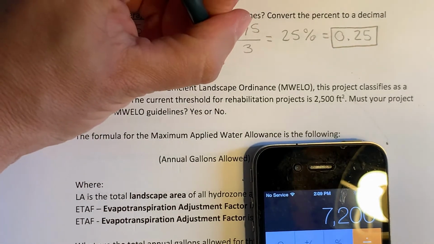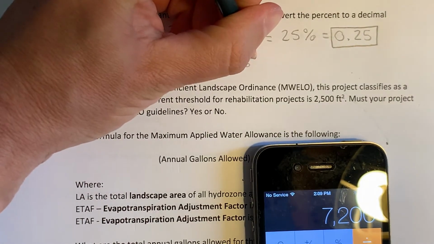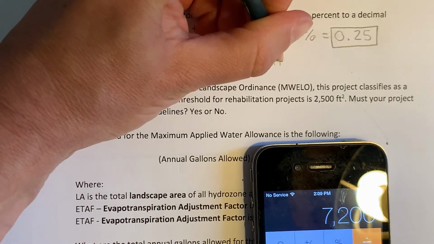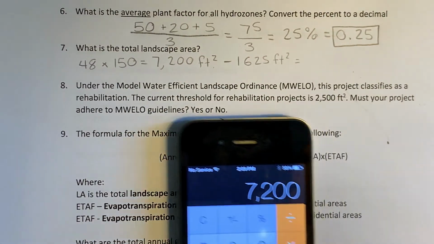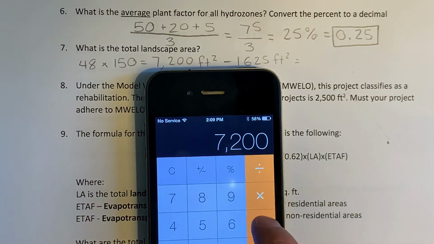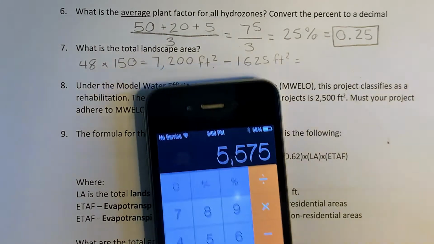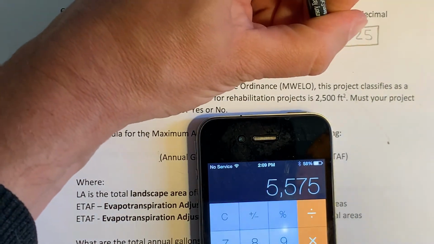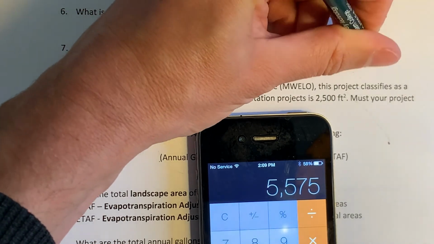But we need to subtract the 1,625 square feet of the house. Giving us 5,575 square feet.